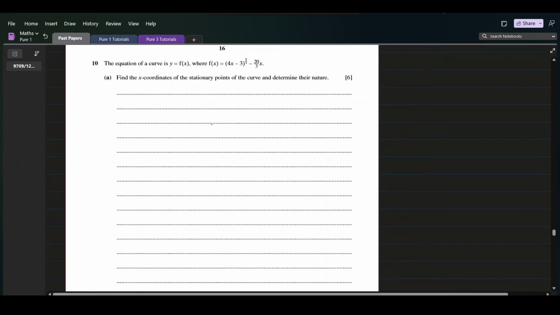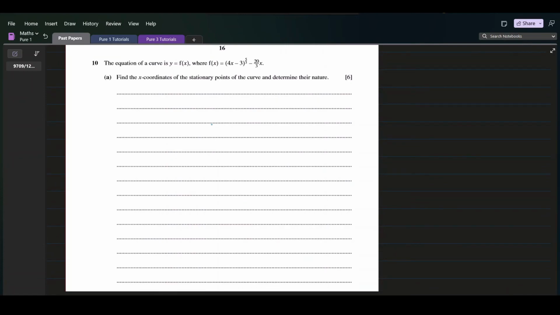Number 10. The equation of a curve is y equals f of x, where f of x is equal to 4x minus 3 to the power 5 over 3 minus 20 over 3x. Part A. Find the x-coordinates of the stationary points of the curve and determine their nature. Okay, so let's start by finding f prime of x, which is our first derivative.